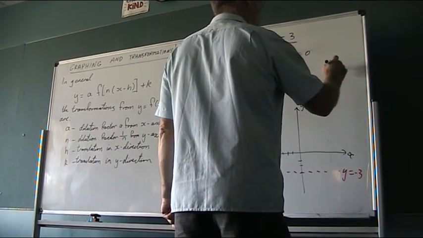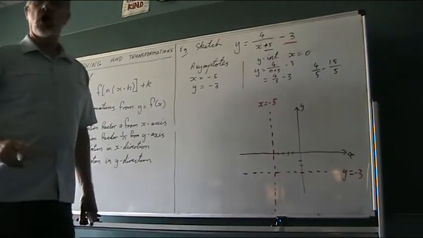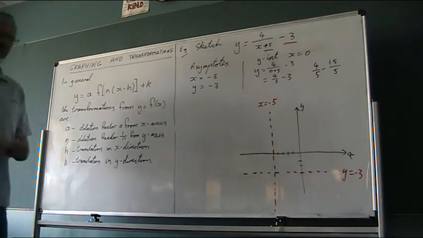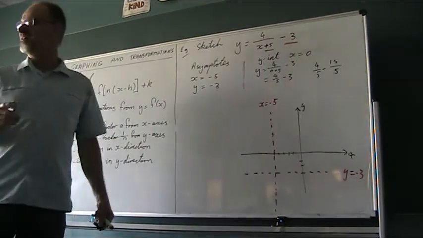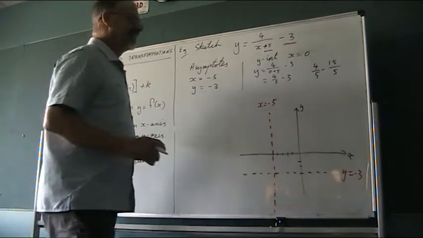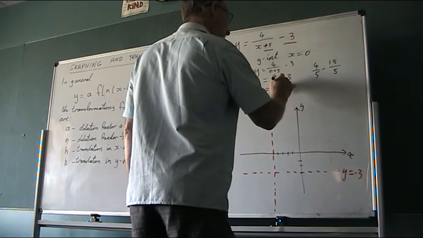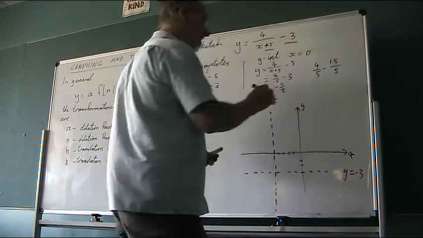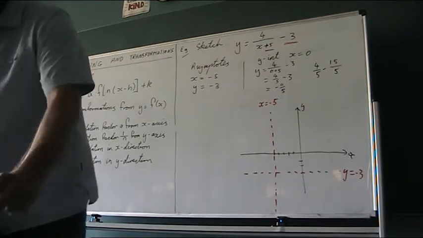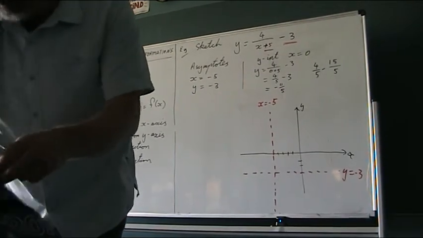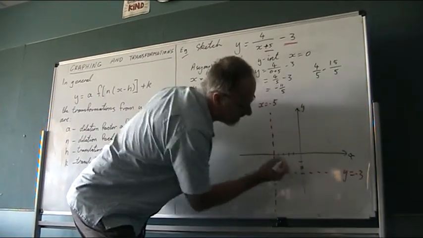There's 5 fifths in a 1, so 3 lots of 5, 15 of them. So 4 minus 15 is negative 11 on 5. Where's negative 11 on 5? Well, it's a bit more than negative 2, so there's negative 11 on 5 right there.